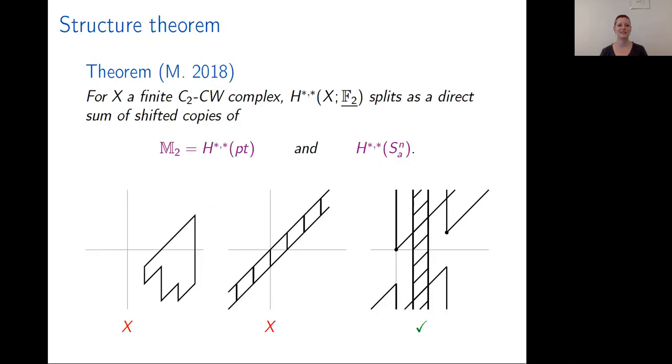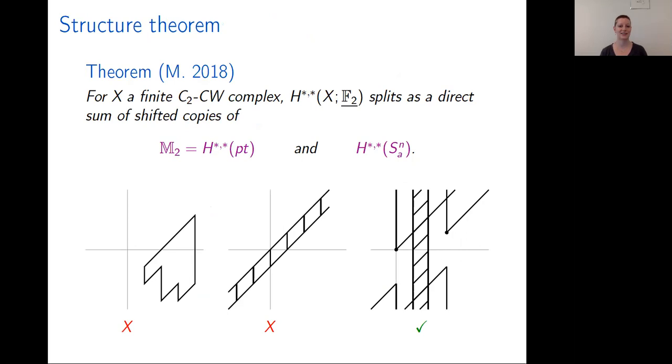However, in my thesis, I proved that in the cohomology of a C2 space, you don't see too many complicated modules. So for X, a finite C2-CW complex, to describe its bi-graded cohomology, you only need two types of summands. M2, the cohomology of a point with these two cones, and the cohomology of the antipodal sphere, these vertical strips.